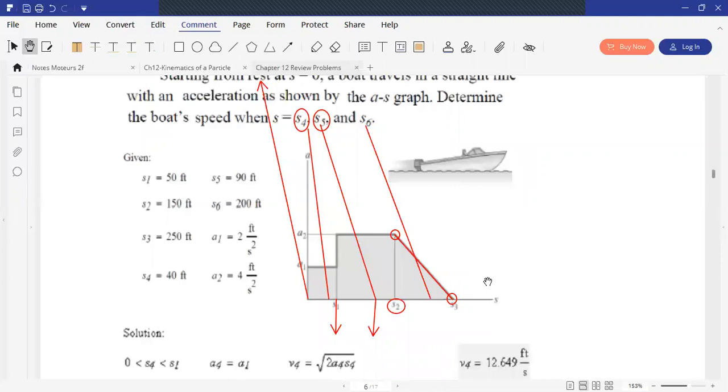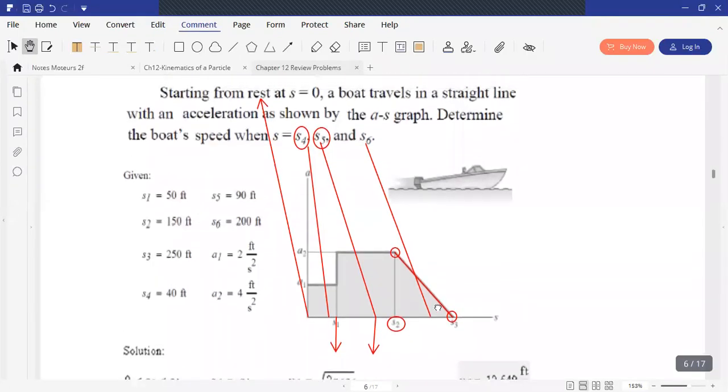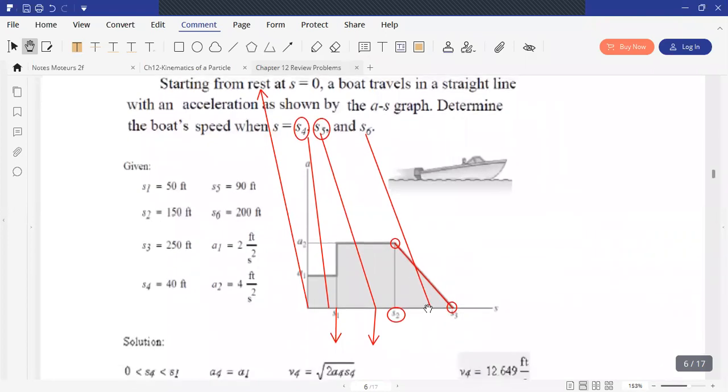And then you integrate from both sides. From the side of v, you want to find the velocity at this point, so you integrate from v2 to v6, equal to, from the other side, the integral of a ds. So I integrate from s2 to s6 of my function a, for example 3 minus 3s, times ds.